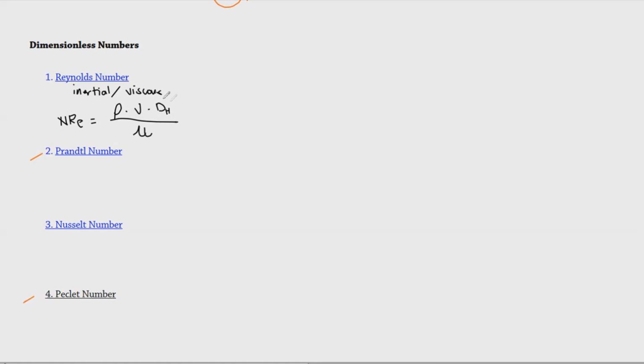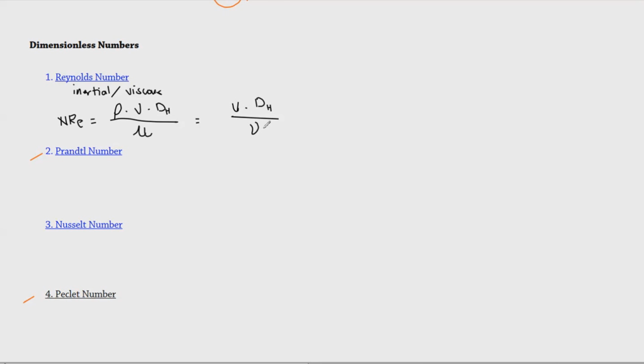The numerator would give us the inertial forces, and then the viscous forces is of course the viscosity. Now there are ways we can also represent this using the kinematic viscosity, wherein we would be dividing the numerator and denominator by the density. So what we get here is simply the velocity times the hydraulic diameter over the kinematic viscosity. What's difficult about these unit operations is that the representations of the letters are very similar, very close with each other.